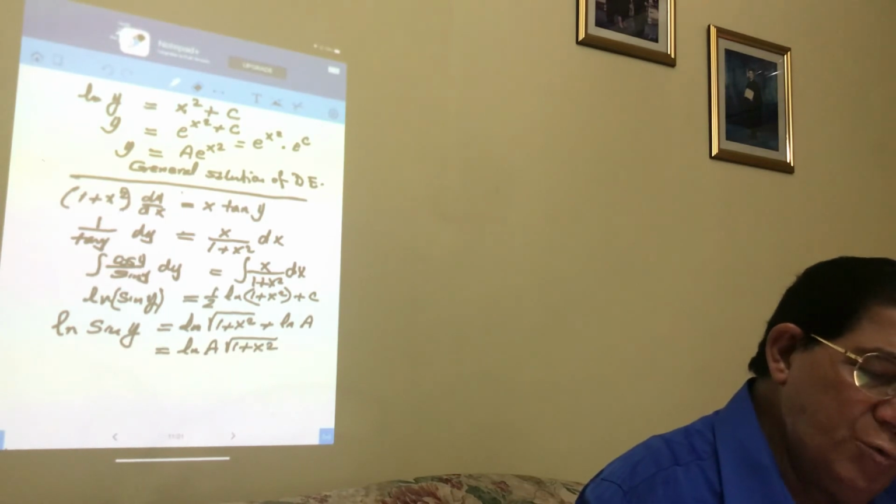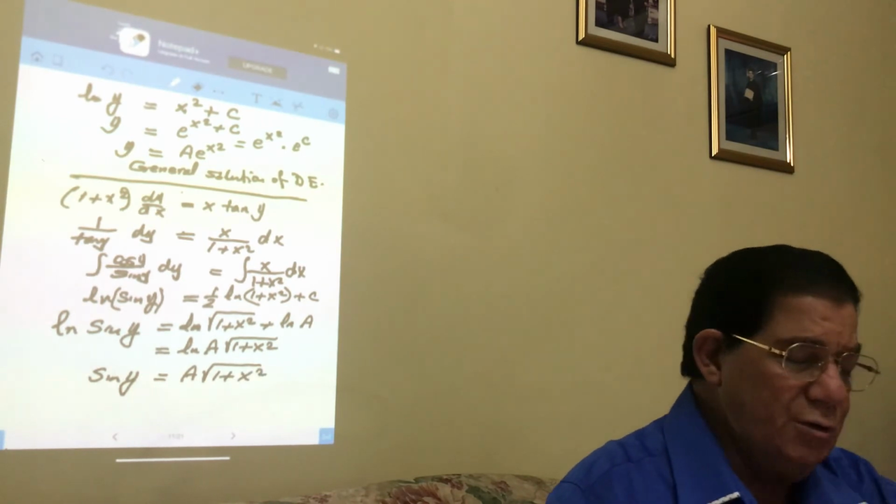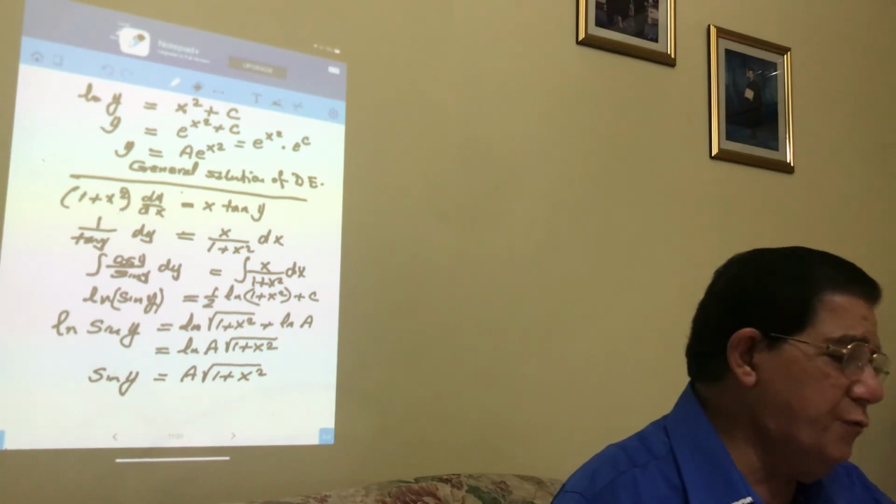The ln cancels with ln, which gives us sine y equals a the square root of 1 plus x squared. And this is called the general solution of this differential equation.